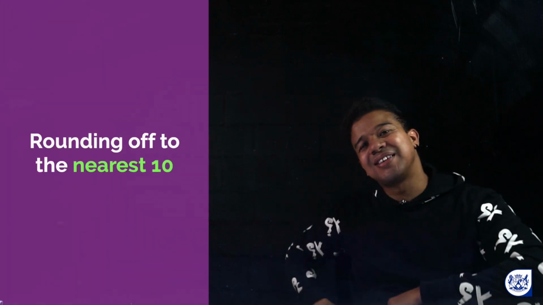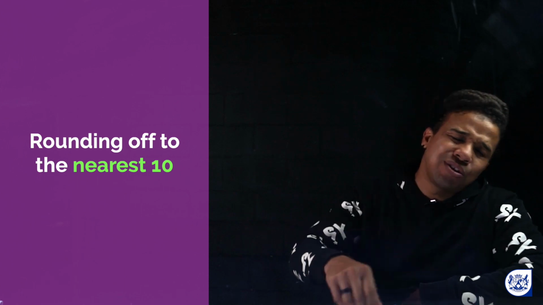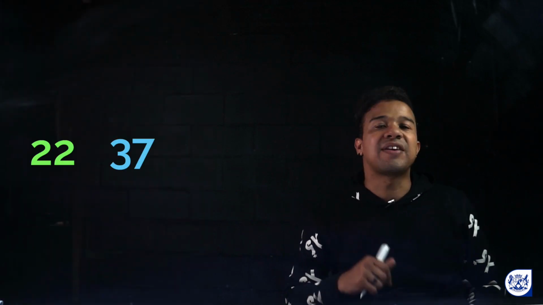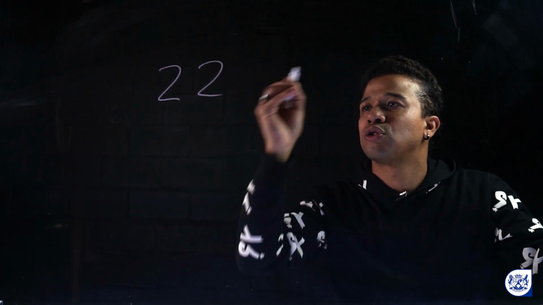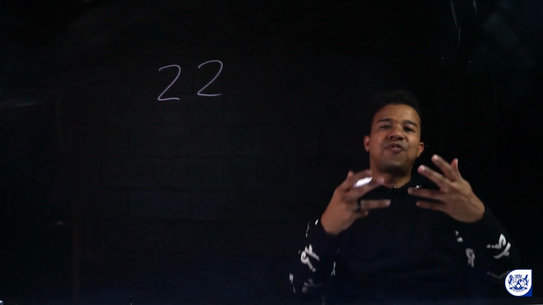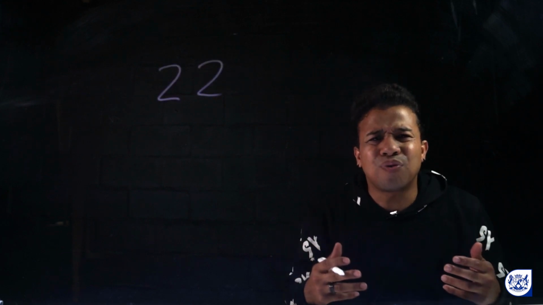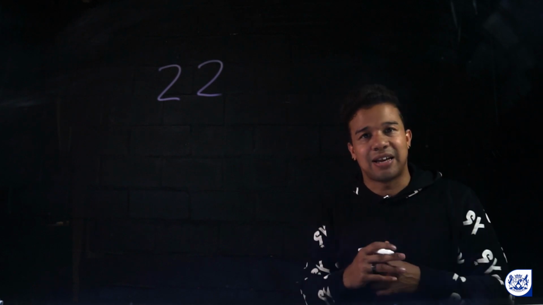So, right about now, we are going to learn how to round off to the nearest 10. And the numbers we are going to use to do so are the numbers 22, 37, and 45. But we will be starting off with the number 22. Now, the first thing we need to know when they ask us to round off is what exactly they mean when they say round off to the nearest 10.